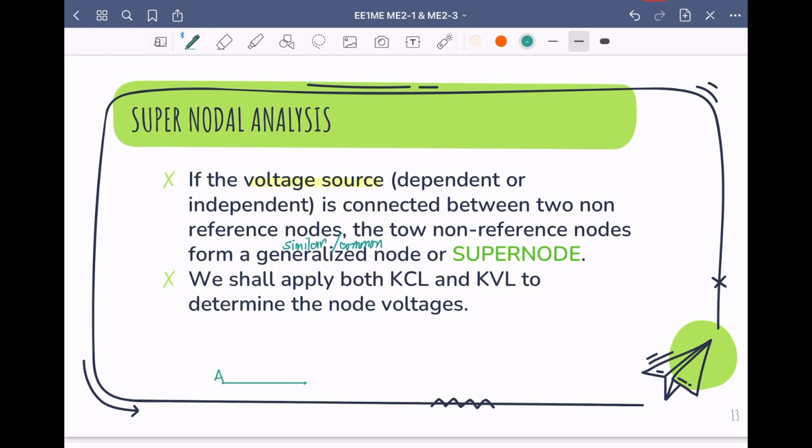So if this is node A, this is node B, and in between these two nodes, you have nothing in between them but a wire, ibig sabihin this will represent a short circuit, okay, because you have a simple circuit or a short wire that connects two junctions, meaning they are just common or the same node.